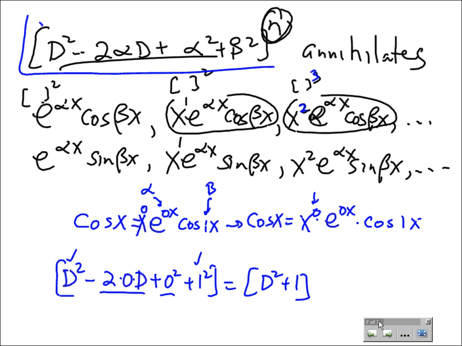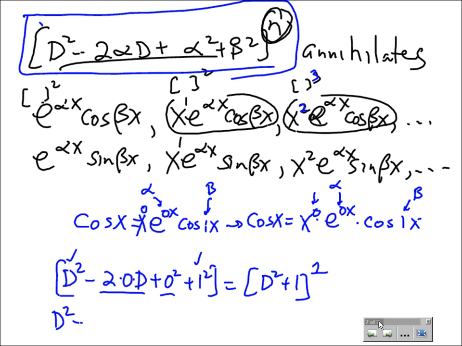You add 1 to that power, you learn what power goes up here. That's alpha, and that's beta in this formula in the very top. Okay, so if you do D squared plus 1 on cosine x, you will get 0, which is pretty cool.